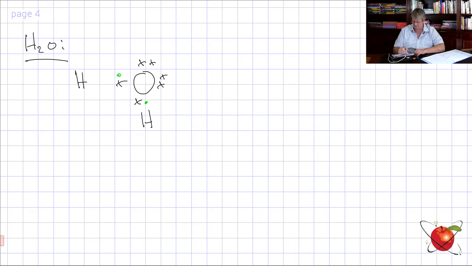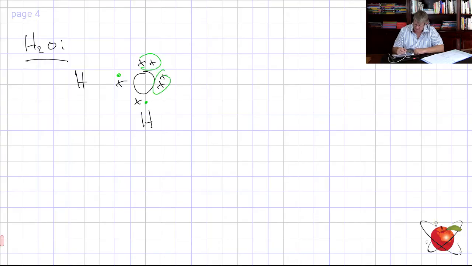Water's a very straightforward one, and they move in like this. And these guys over here are our lone pairs. They are going to tell us how we shape the molecule. It's in fact going to tell us what the molecule shape looks like. Okay, that's next year stuff.